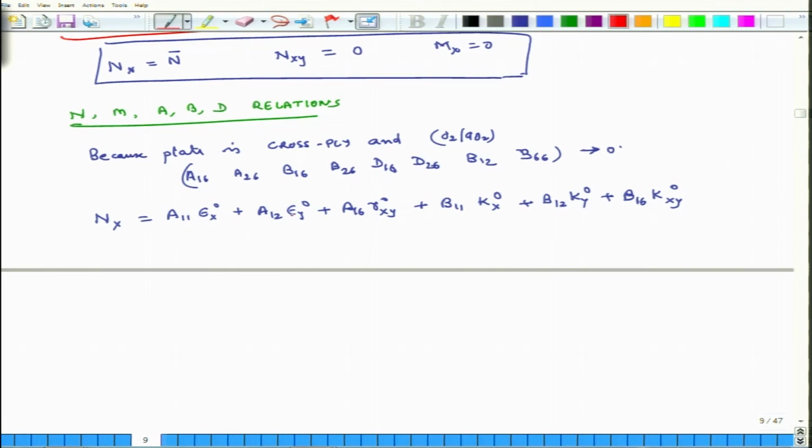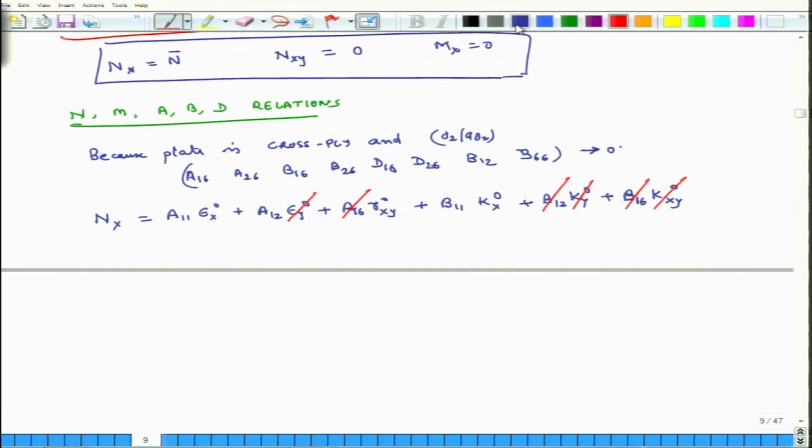What we see is epsilon y naught is 0 because it is a partial derivative of v with respect to y. A16 is 0 because the laminate is cross ply. B12 is 0 for the same reason, and also ky is 0, and also B16 is 0, and also kxy is 0.